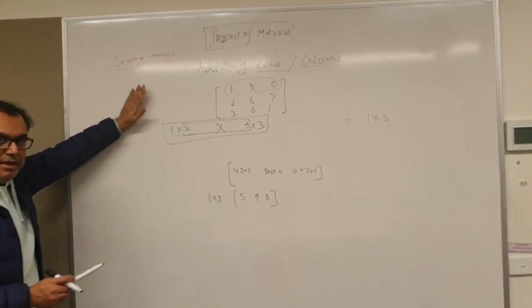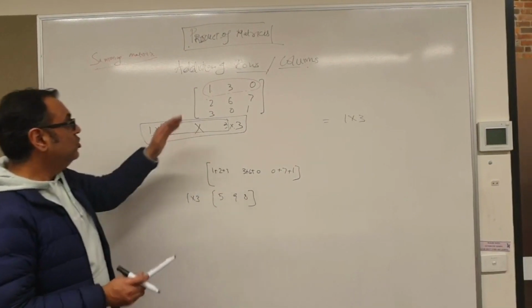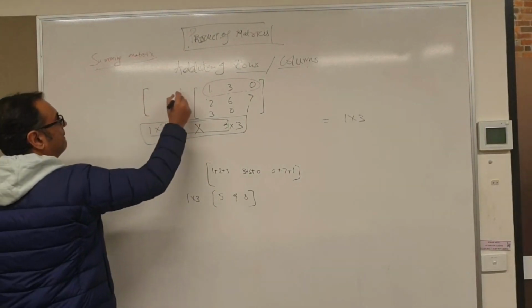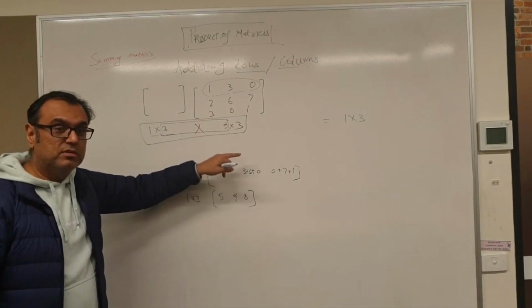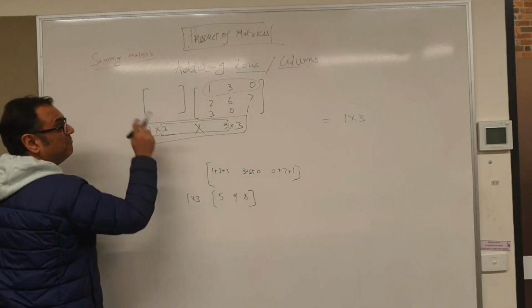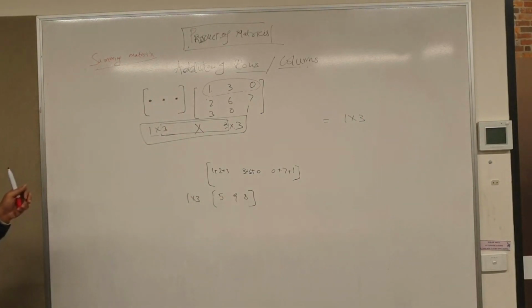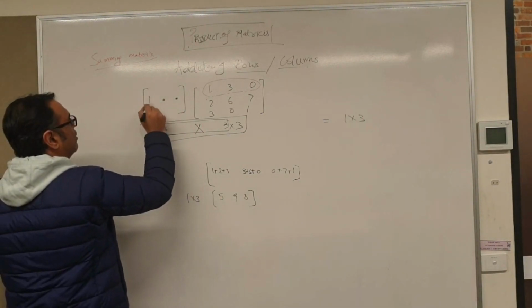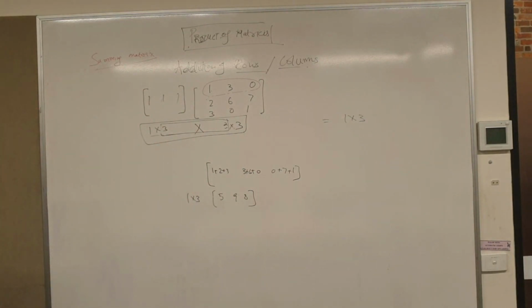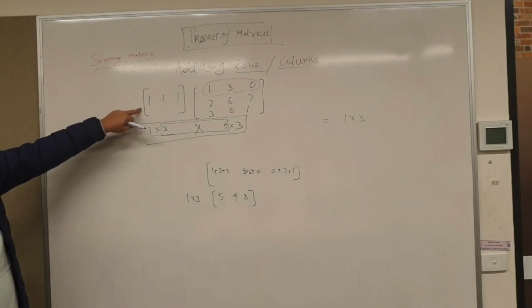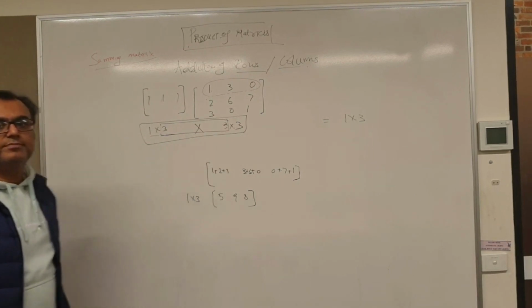I have to pre-multiply here. So when it comes to addition of columns, you pre-multiply something with the matrix where you're adding the columns. So now it's a 1 cross 3, 1 row, so that means something here, something here, something here, which will be 1, 1, 1. So this matrix is the summing matrix if you are adding the columns.